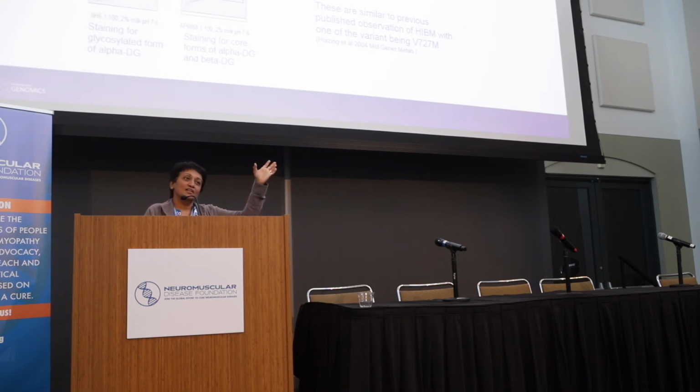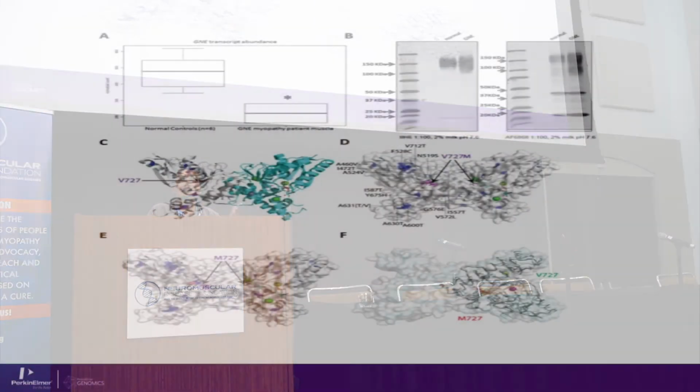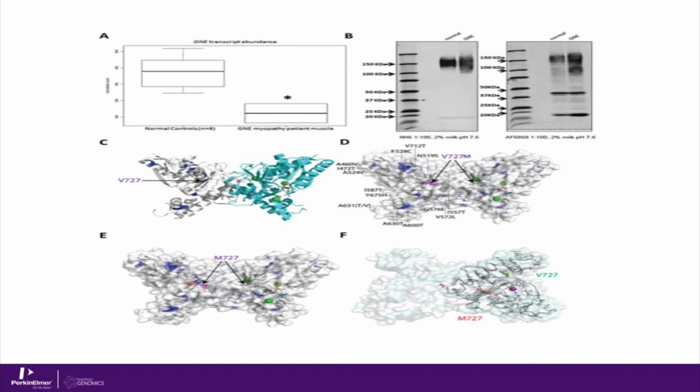As I said, the deletion results in loss of one copy of the gene. The missense change has a very different effect. You don't lose one copy of the gene. In this case, it is situated right in this crystal structure which you see. It affects the kinase activity, but it's not completely abolishing the expression of the gene. This paper has also just been accepted for publication.